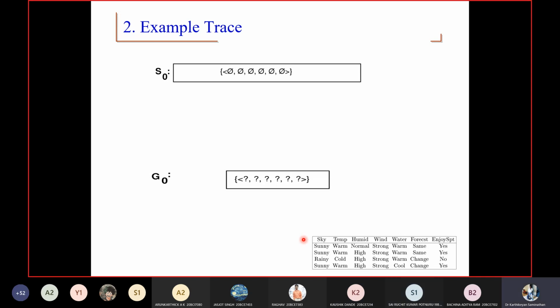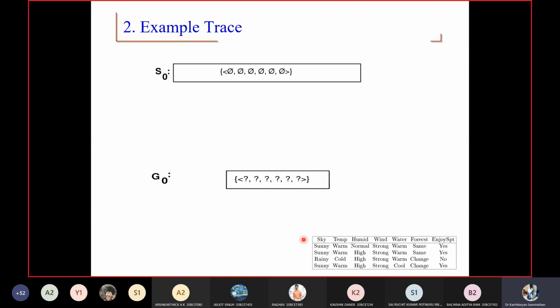G4 is S comma question mark, comma, question mark, comma, question mark, comma, question mark. S and W will be there, sir. Only S and W, yes. The last one will be the third individual pair of G3.